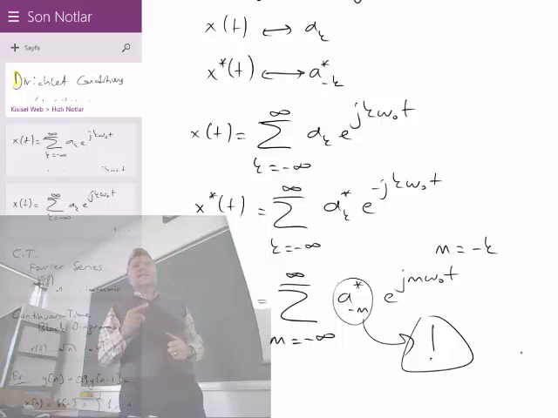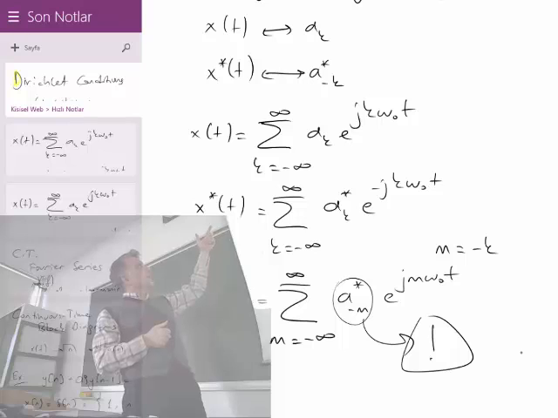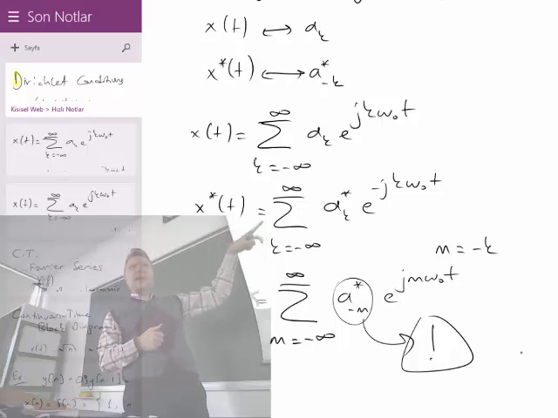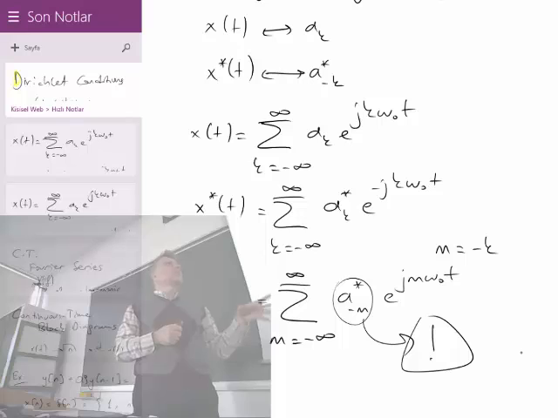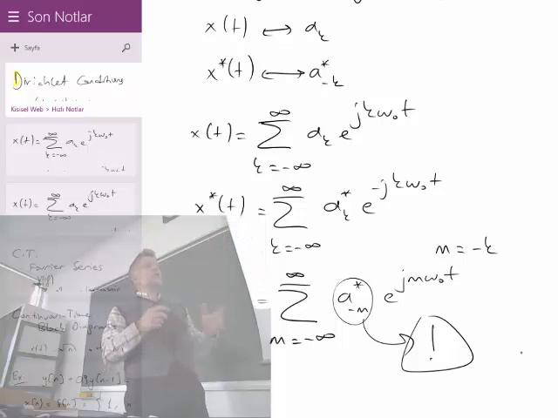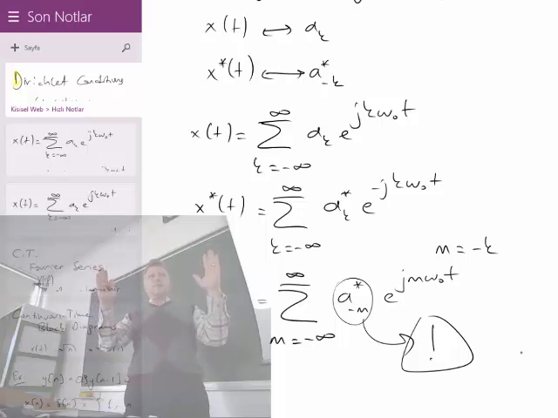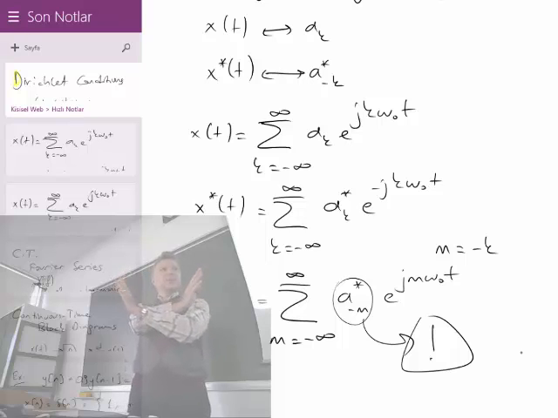For the sine, is it the same? Now it's a little bit more complicated, because sine is also a real signal. Therefore, if sine of omega 0 t has ak, then sine conjugate of omega 0 t will still have ak's. Is that true? By making a conjugate of minus k. Let's do it. 1 over 2j, minus 1 over 2j. Interchange them. This one will become minus 1 over 2j, and this one will become 1 over 2j. And then conjugate them.